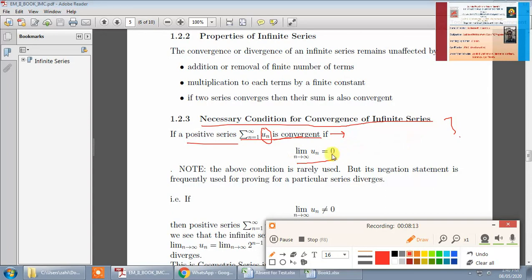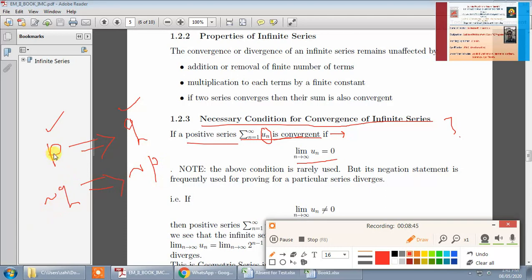What is its negation? You know that in logic, if p implies q, if p happens, then q happens. Then negation of q implies negation of p. What is the meaning of negation? The opposite of whatever we have.